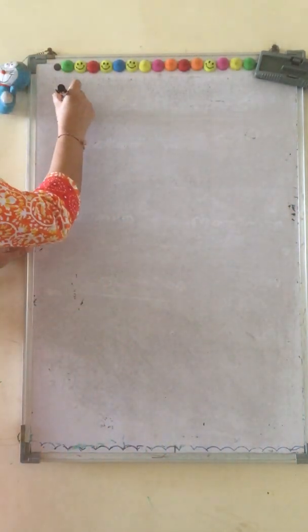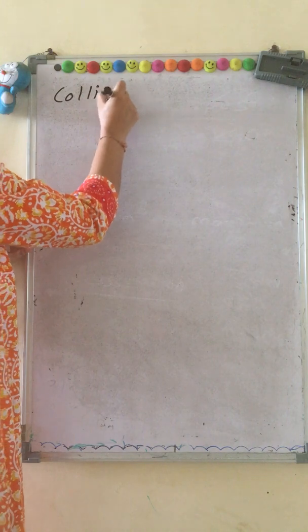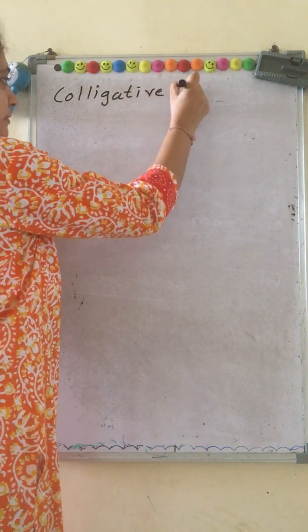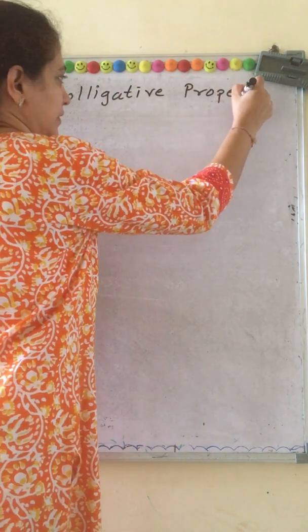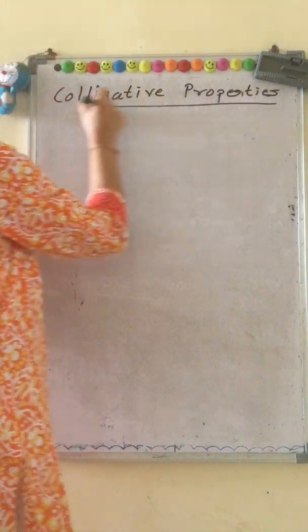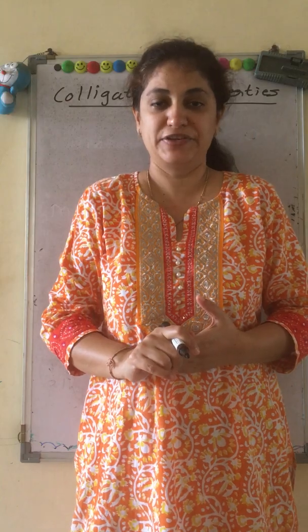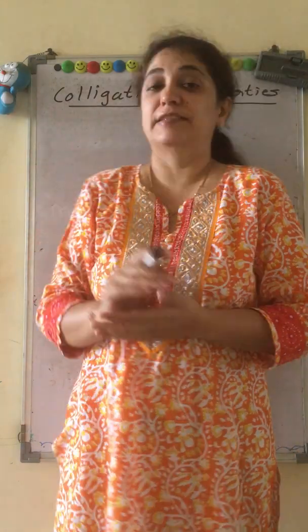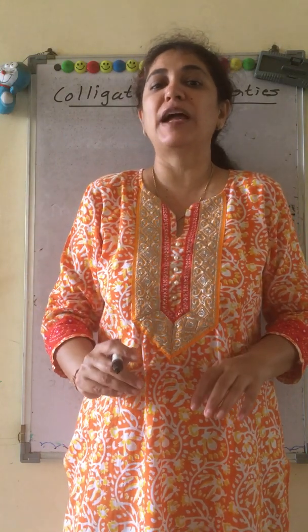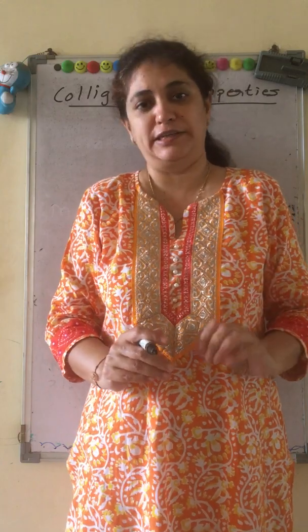Next we have colligative properties. So what are colligative properties? That question is asked. Colligative properties are those properties whose magnitude or value depends only upon the number of solute particles present in the solution and does not depend on the nature of the solute particles.